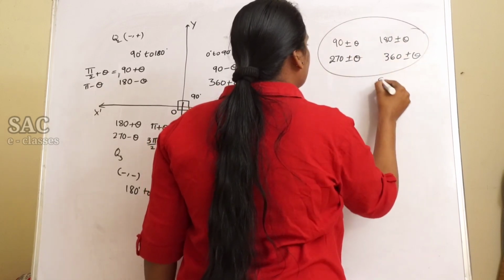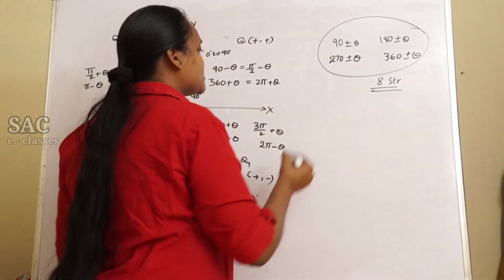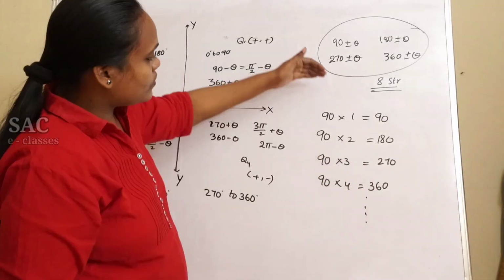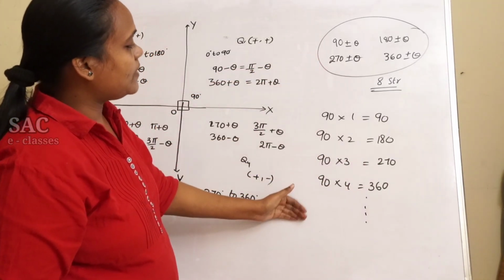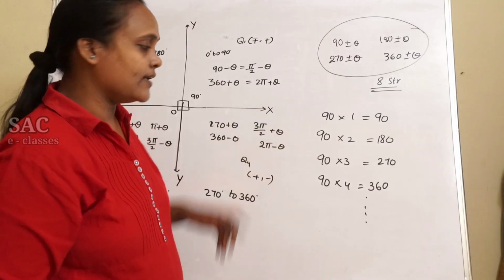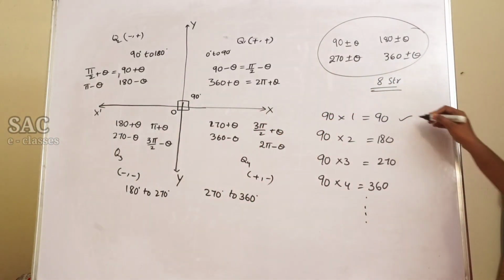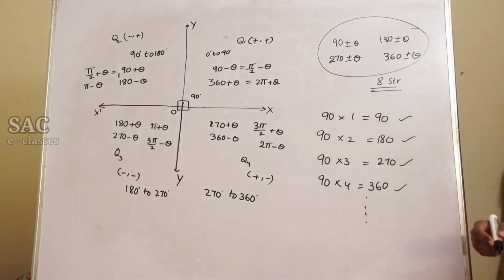Totally 8 structural forms we got. In this, I am trying to find what the multiples of a right angle are. They are 90, 180, 270 and 360.